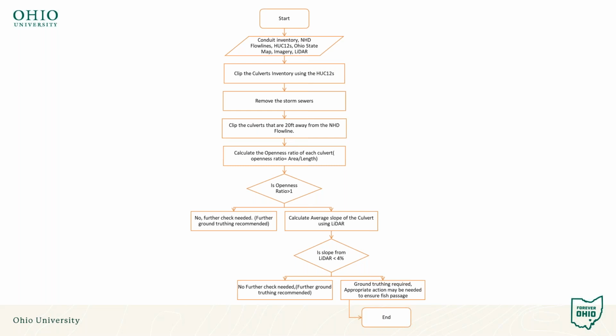We then calculate the openness ratio, and low openness ratios are generally not good for fish passage. We then calculate the average slope using LiDAR, which lets us prioritize those that have higher average slopes, which suggests disconnection. That would then move into ground truthing or inspection that could allow you to select project areas.